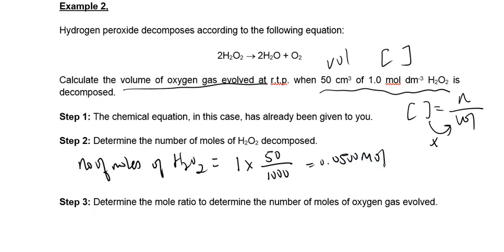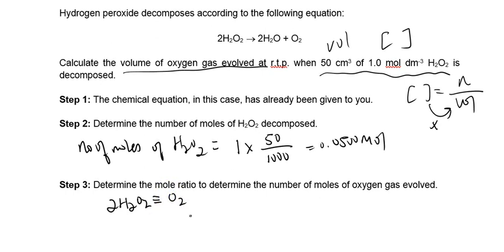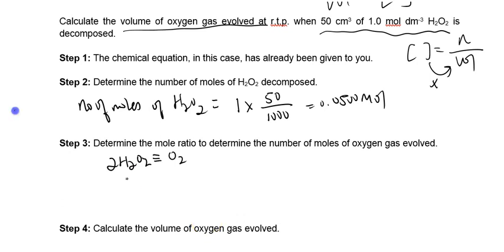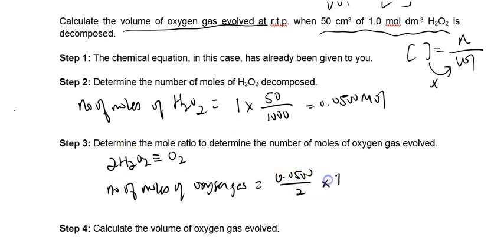So based on the mole ratio from the equation here, 2 molar equivalents of hydrogen peroxide will react and break down to give me 1 molar equivalent of oxygen. So with this, I can calculate the number of moles of oxygen gas, and this gives me 0.0500 divided by 2 times 1, which is 0.0250 moles of oxygen gas.